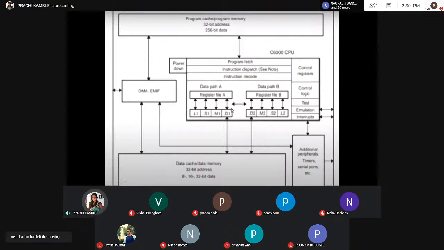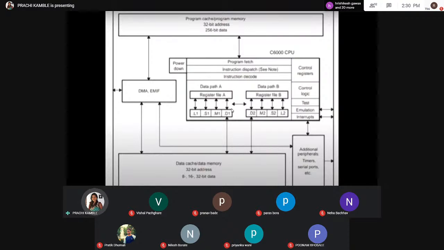As I have said, the architecture supports VLIW, very large instruction word architecture. It means multiple instructions are combined together and executed in parallel.